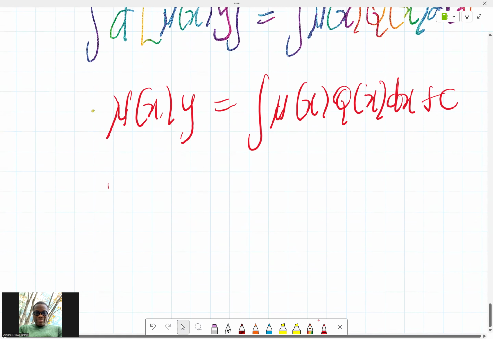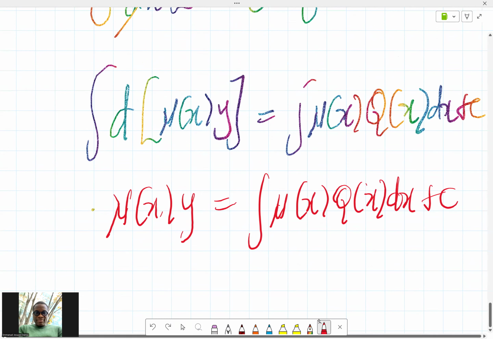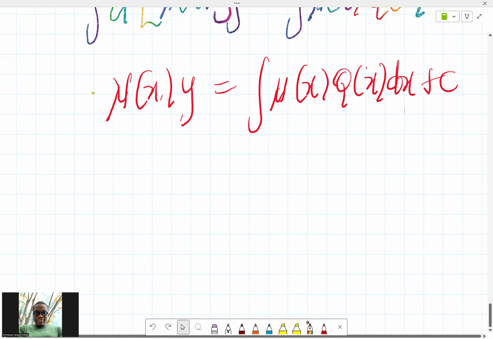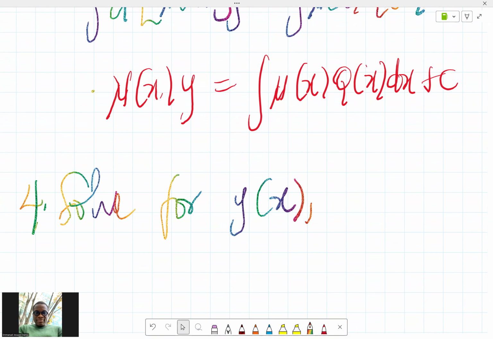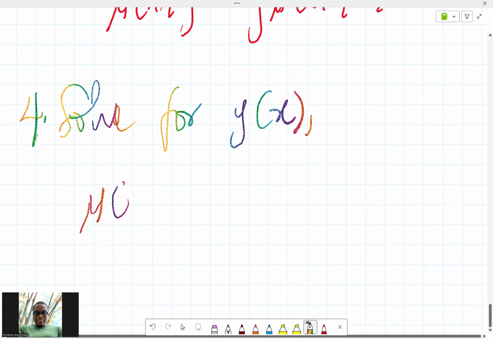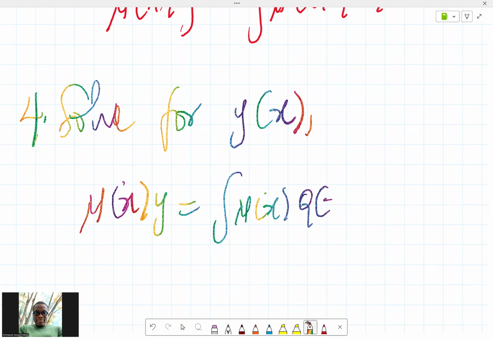So that means that for y alone, which you're looking for, the next step is to solve for y. That's step 4. Finally, you solve for y of x. From what you have there, mu of x y equals the integral of mu of x q of x dx plus the constant of integration c.